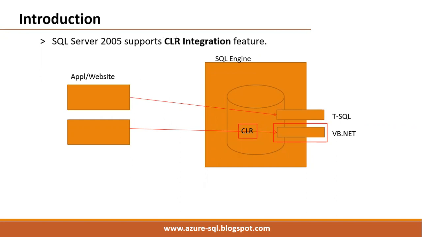That is called CLR integration. Means CLR is integrated into the SQL engine or database engine to run .NET programs. As a DBA, our job is not writing or running .NET programs.